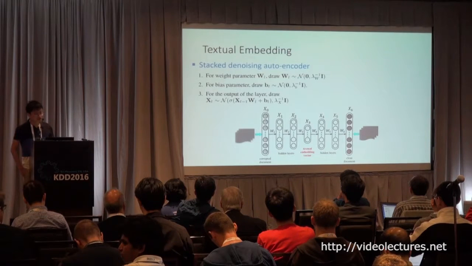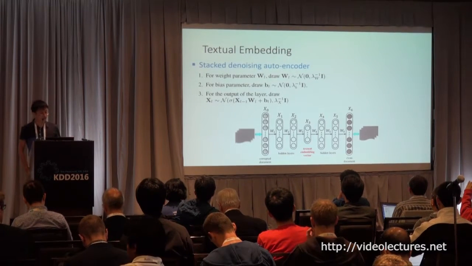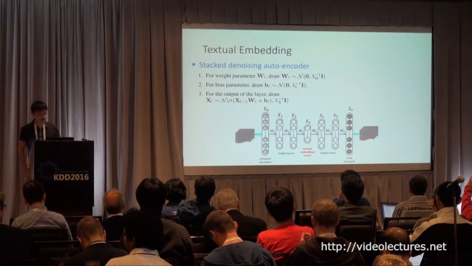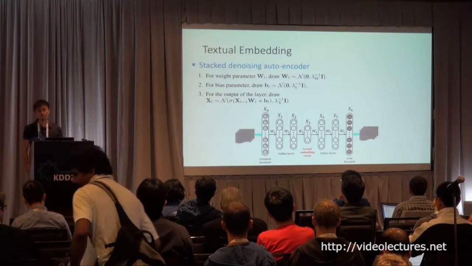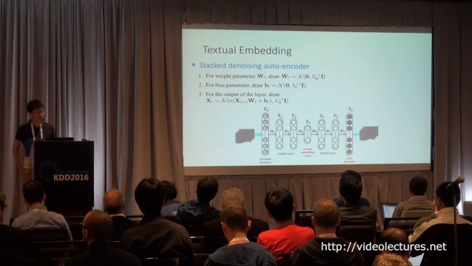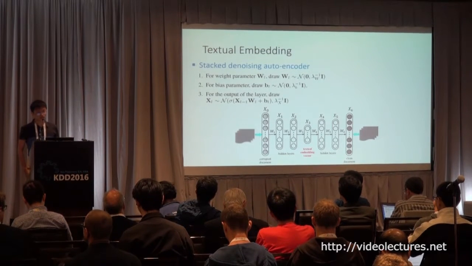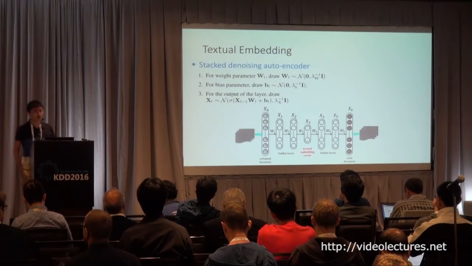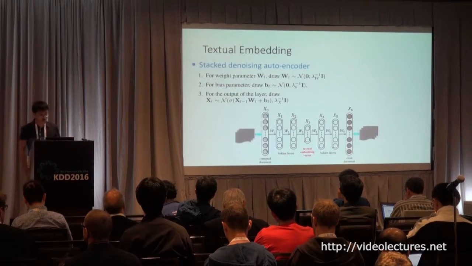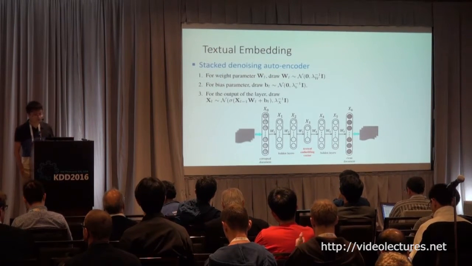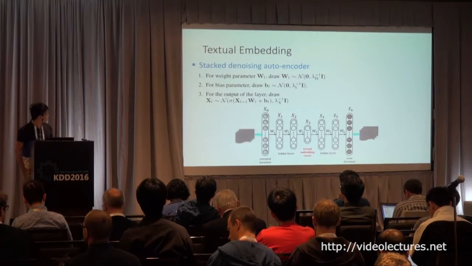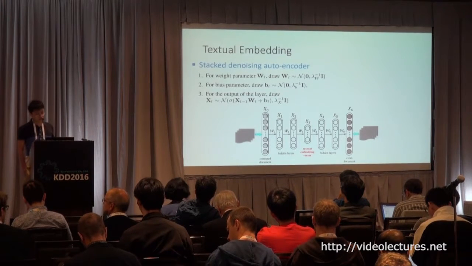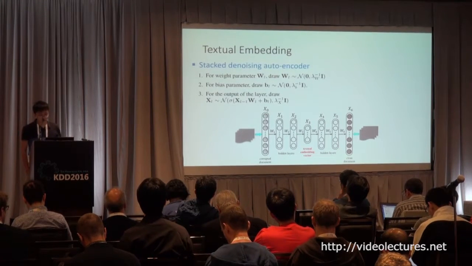Okay, next, this is the embedding component for textual knowledge. Recently, deep learning has been proved to be effective in document understanding, so we apply an unsupervised deep learning method called the stacked denoising auto-encoder for the knowledge embedding. As this figure shows, this is an example of our model structure.